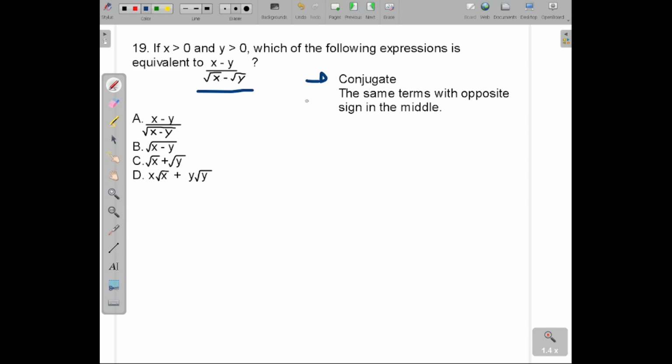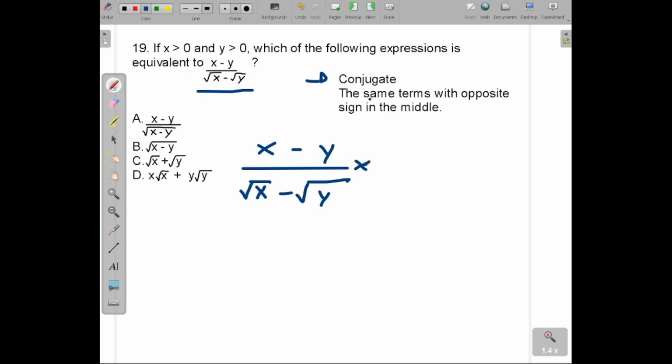And the conjugate means applying the same terms with the opposite sign in both the numerator and denominator. We'll see that. So we copy the expression by square root of x minus the square root of y. Now we multiply times the conjugate.